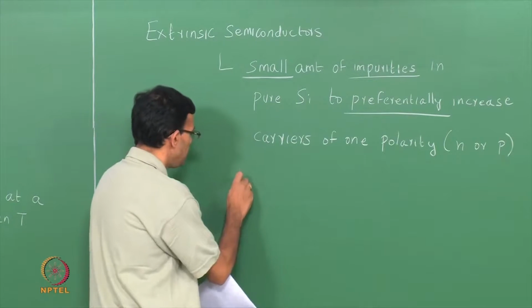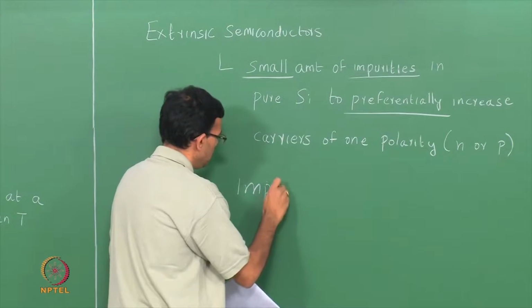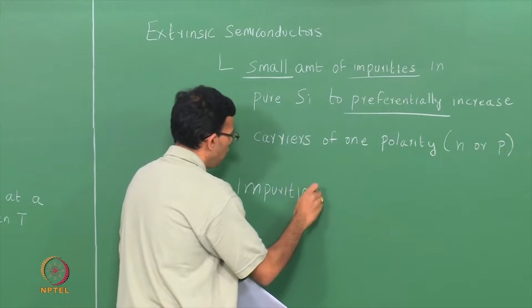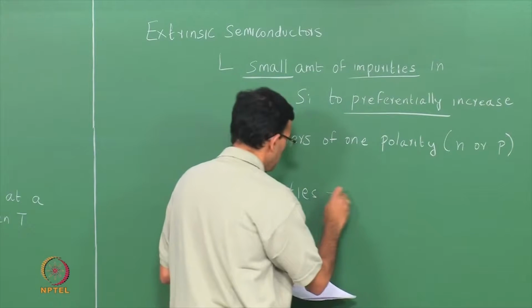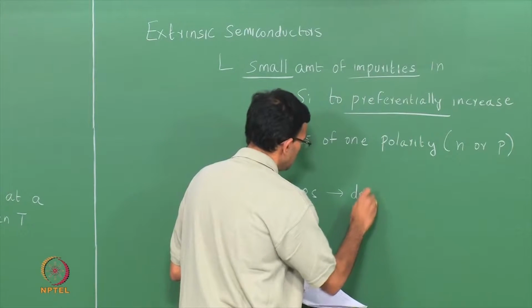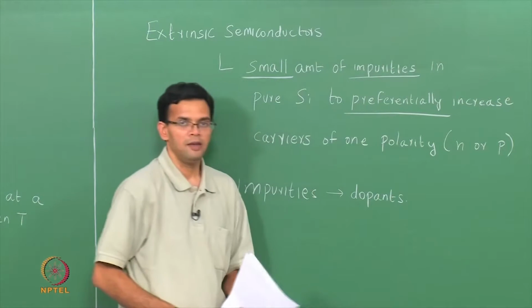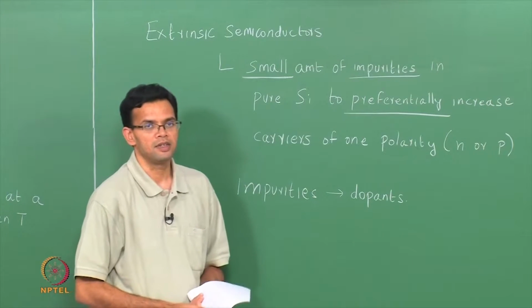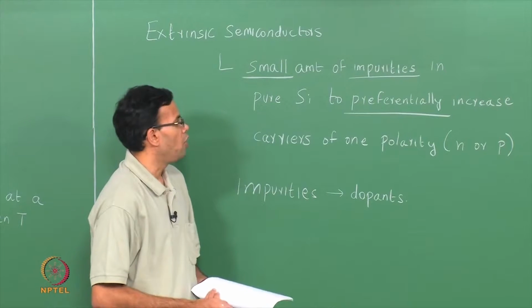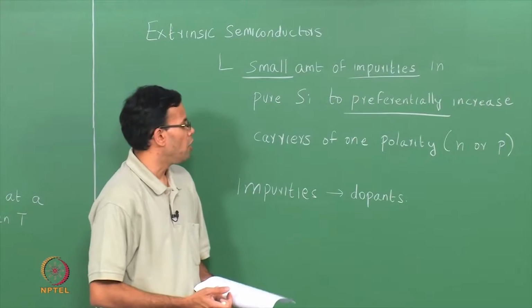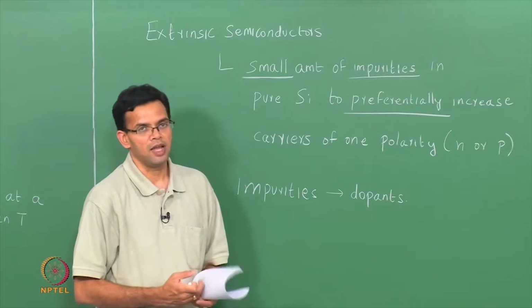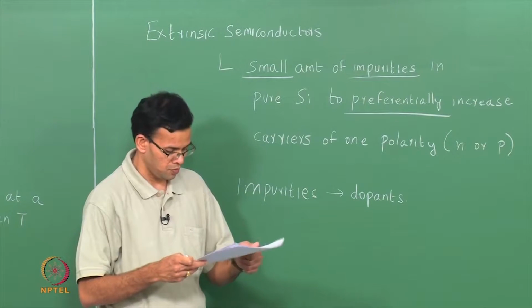So, another, more appropriate word for impurities is dopants. We can say that an extrinsic semiconductor is one where we add a small amount of dopant in order to preferentially generate electrons or holes.